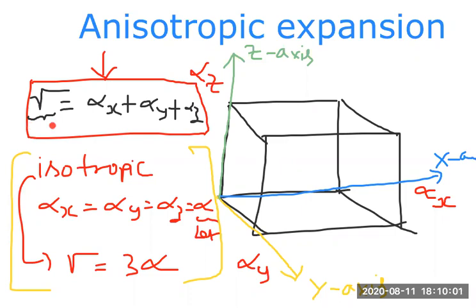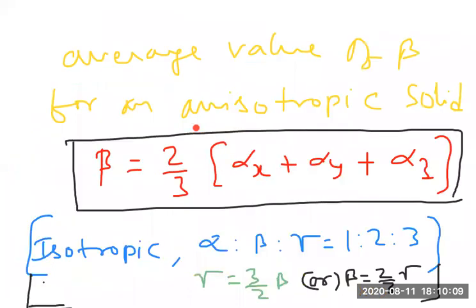So with the beta and gamma relation, beta equal to 2 by 3 gamma, and gamma value alpha x plus alpha y plus alpha z, we can write the average value of beta like this.